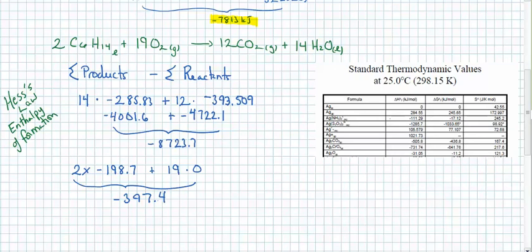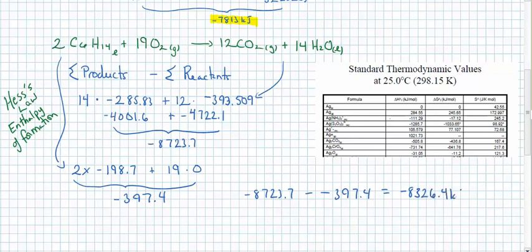Now, what we're going to do over here is we're going to say, okay, we're going to take our products, negative 8723.7, and subtract our reactants, and that's going to give us a negative 8326.4 kilojoules.